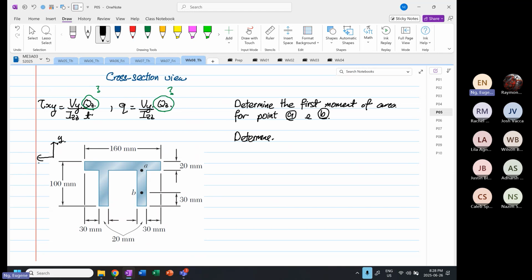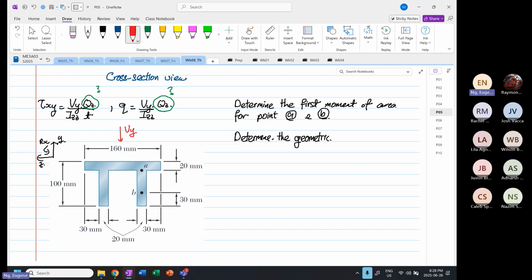This is our Y, this is our Z, and then we have our rotation about X. And we are going to declare that we have a Vy coming down.